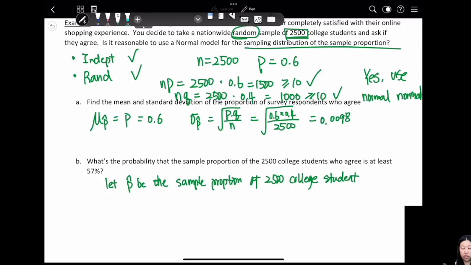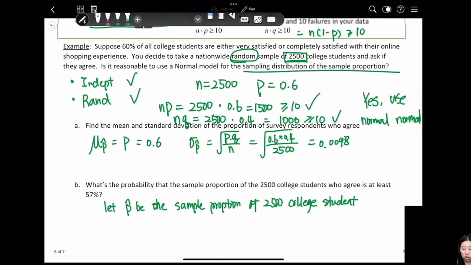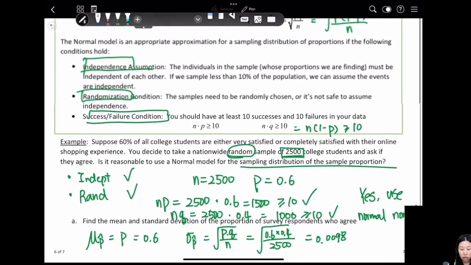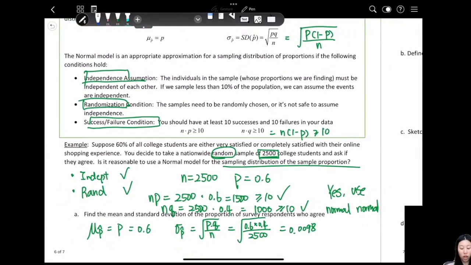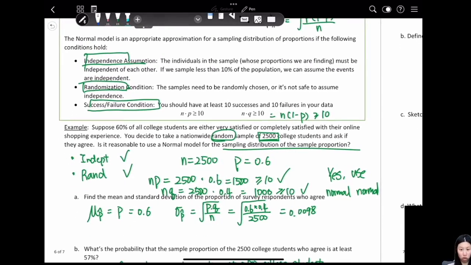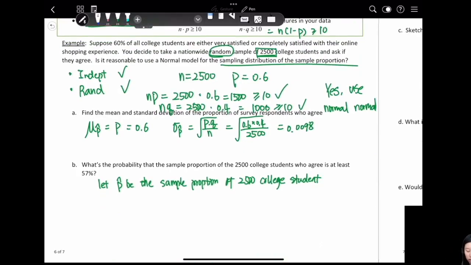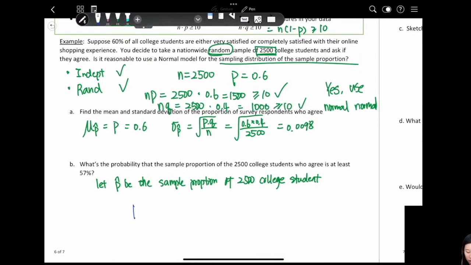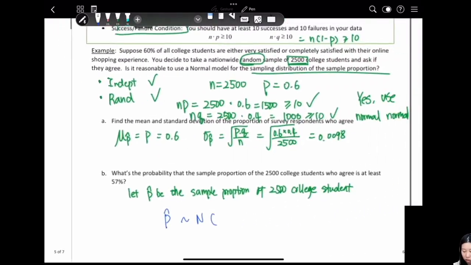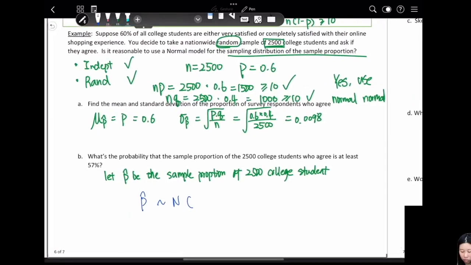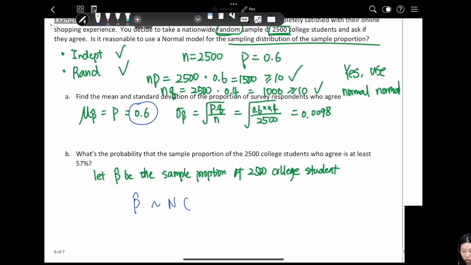And from the previous conditions, we already checked that we can use a normal model to estimate the sampling distribution, right? So this normal model, p hat, is going to follow a mean of 0.6 and a deviation of 0.0098.